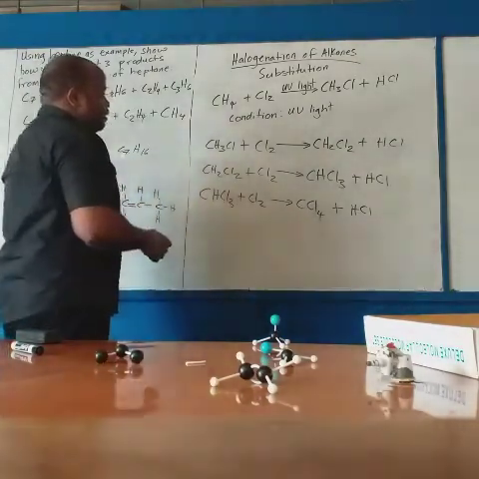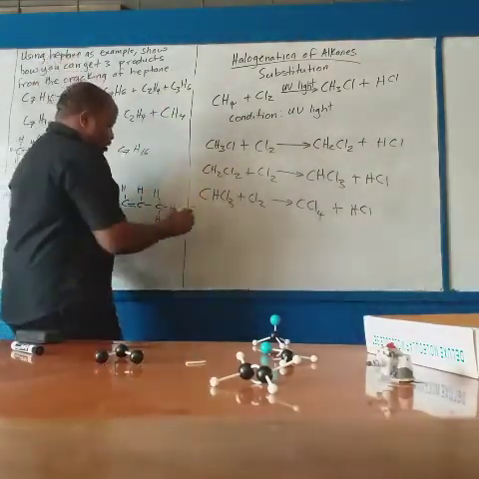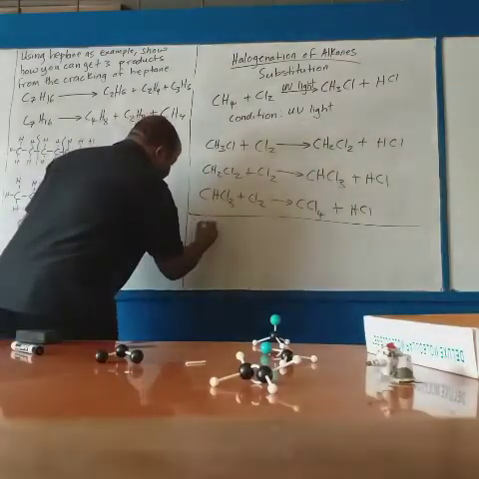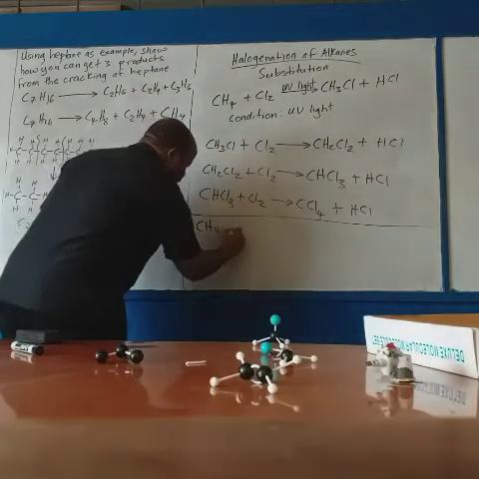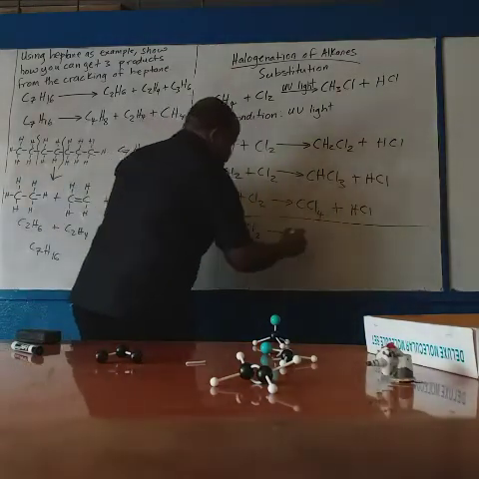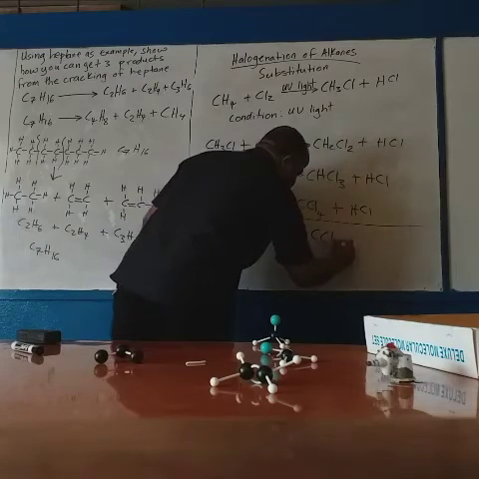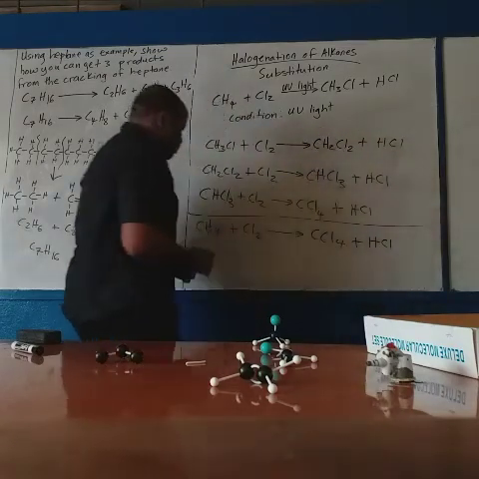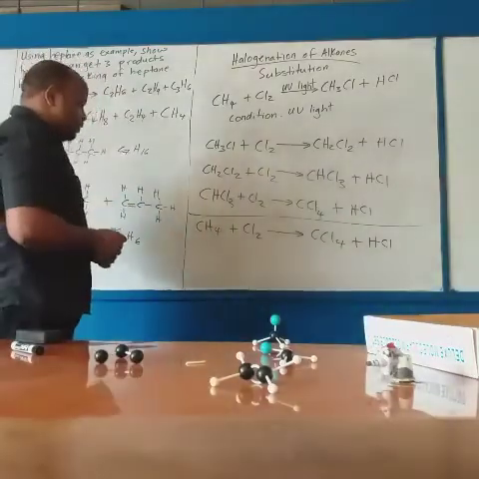And that's it. So let's write an equation. So you have methane and you react it with chlorine. And you get tetrachloromethane plus HCl. Let's balance the equation.